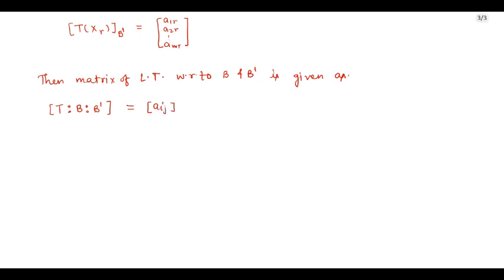This is a matrix of order m cross n, such that we collect all the coordinates of the bases with respect to the corresponding B prime. Okay, all things are clear. These are all columns.